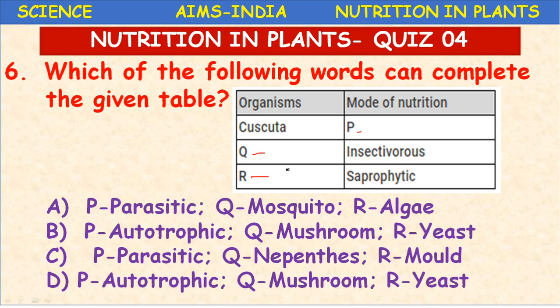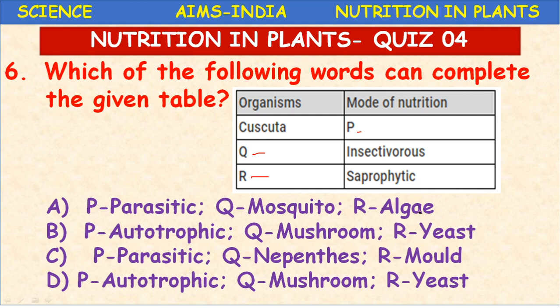Next, Q. What are the options given for Q? Mosquito, mushroom, Nepenthes. Out of which is an insectivore? Yes, Nepenthes. Okay. Next, option R, saprophytic nutrition. What are the options given here?